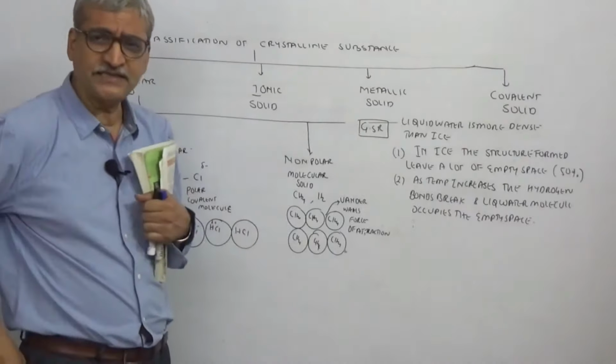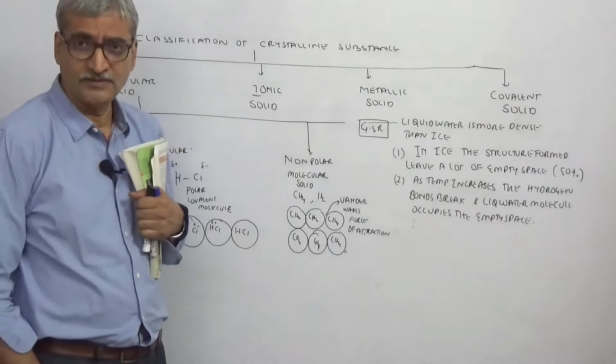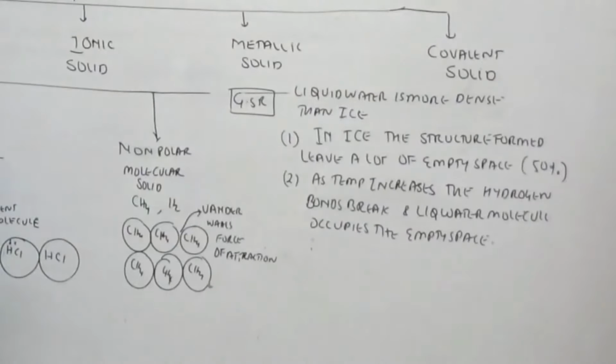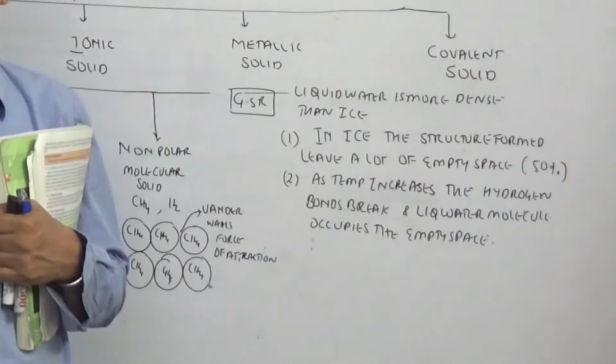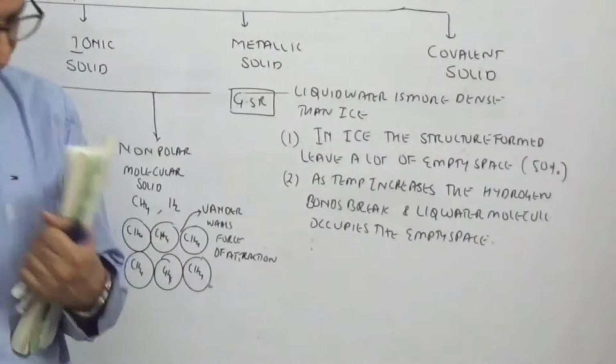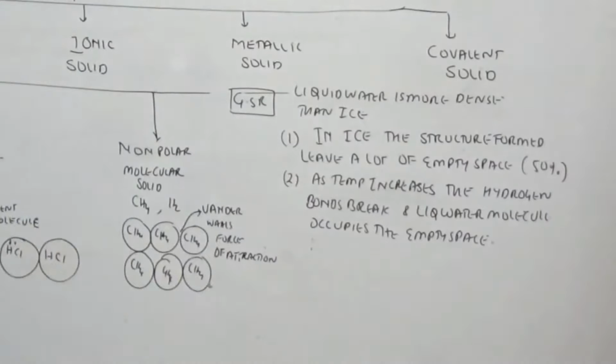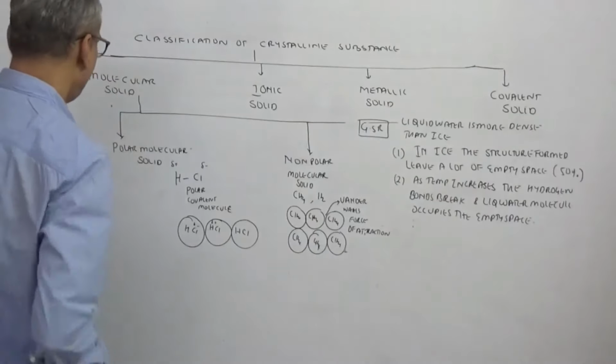Because what is density? Mass per unit volume. So in the same volume, if empty space is more, mass is less. If those empty spaces are filled by water molecules, mass is going to increase, so density is going to increase. Is this point clear?